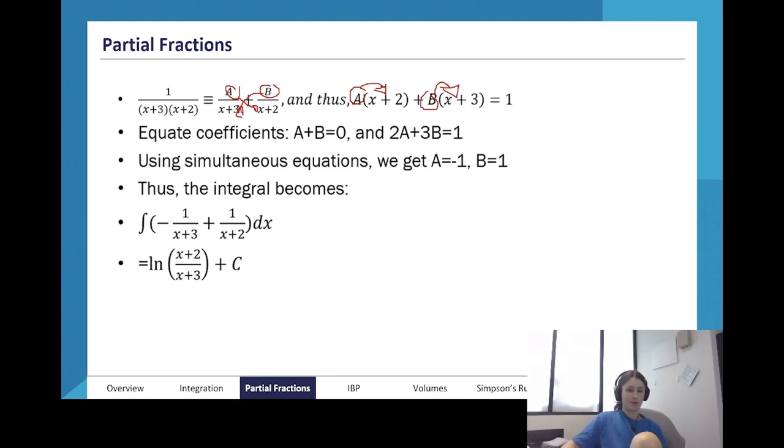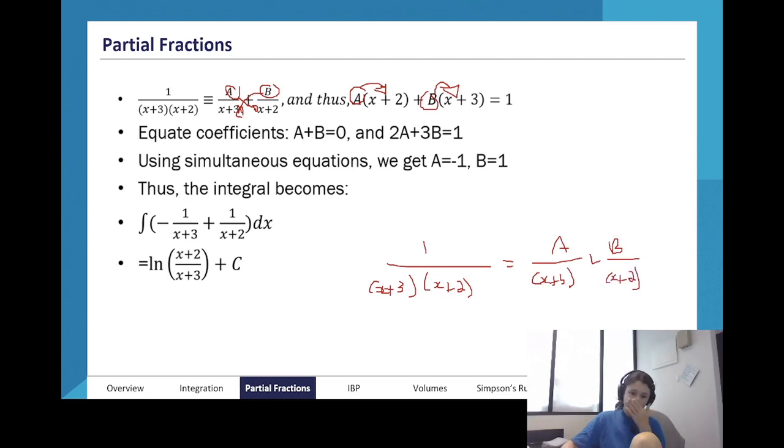But I will show you guys how we actually get to this equation without the fractions here. All we do is some cross multiplication. So if we have 1 over x plus 3, x plus 2, we multiply everything by x plus 3.